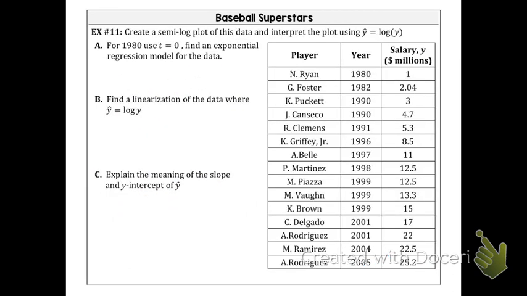All right, in example 11, it says create a semi-log plot of the data and interpret the plot using y hat is equal to log of y. For 1980, use t equals 0. Find an exponential regression model for the data. So this is going to be your 0, 2, 10, 10, 11. So I'm going to go through and label these.